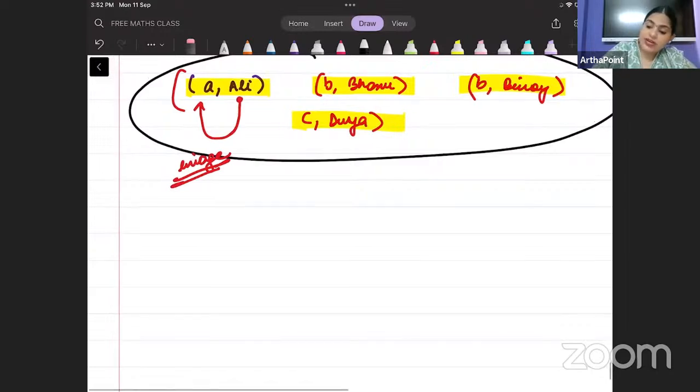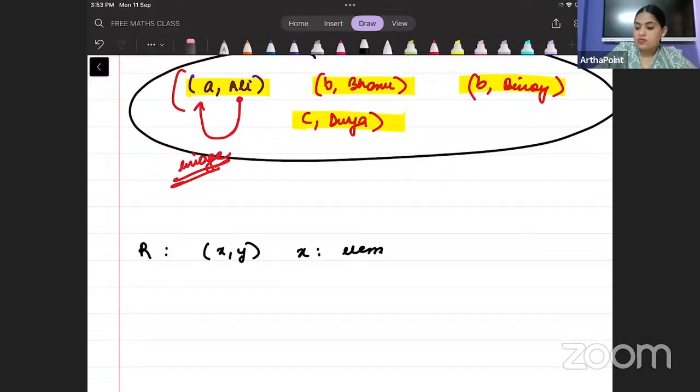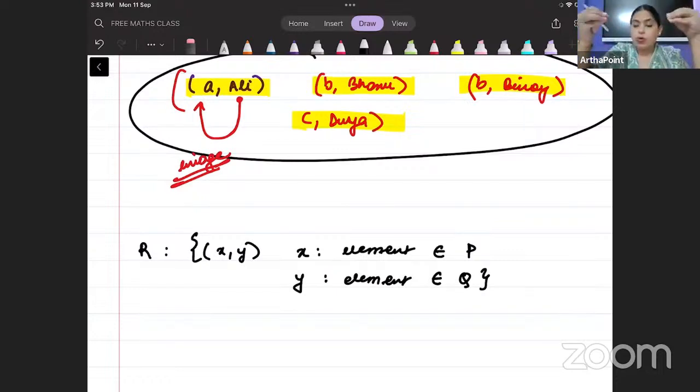So beta, how did I define a relation? Ma'am, the relation is (x, y), where x is the element belonging to P and y is the element belonging to Q. When I wrote (x, y), with x belonging to P and y belonging to Q, that became an element. What is the second definition?